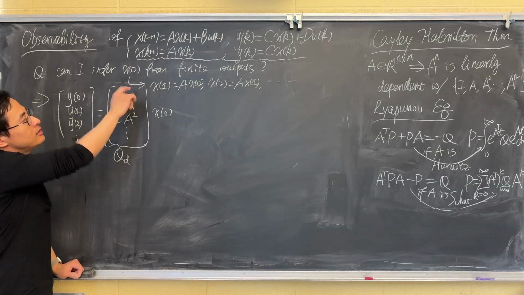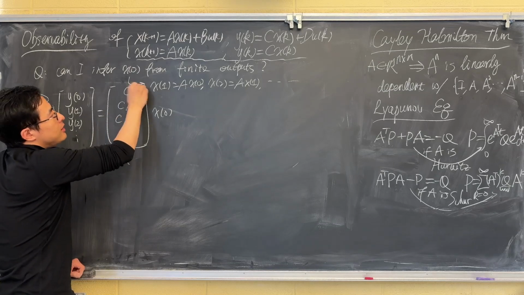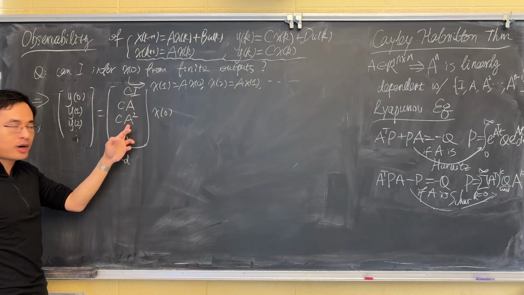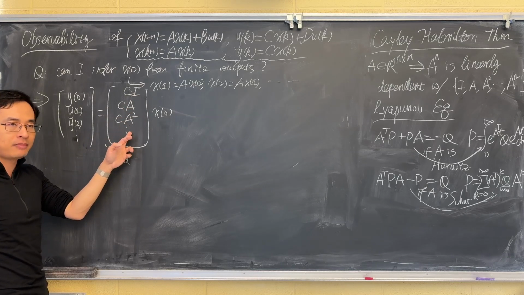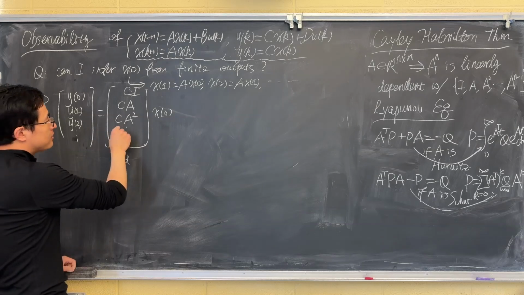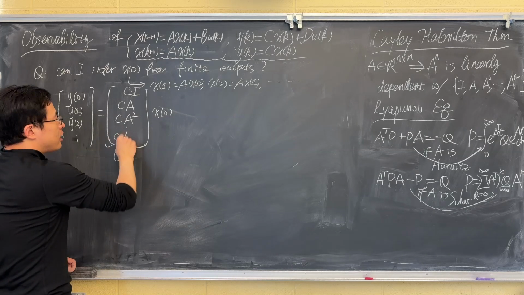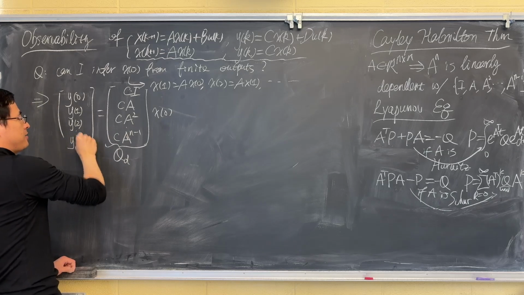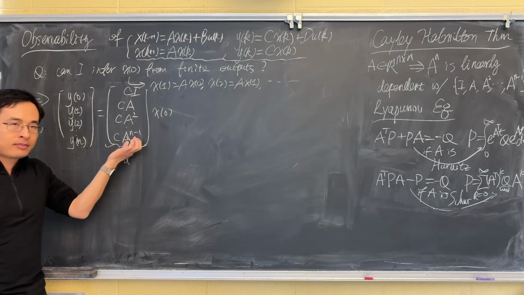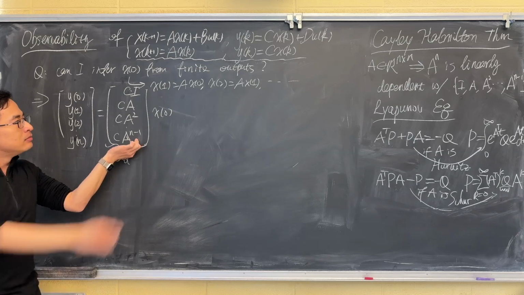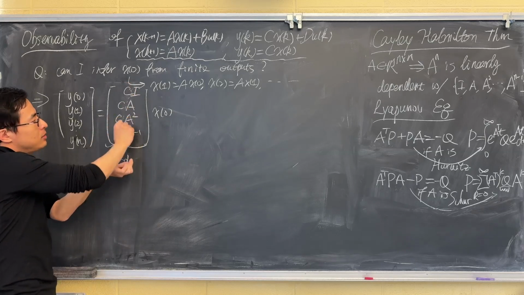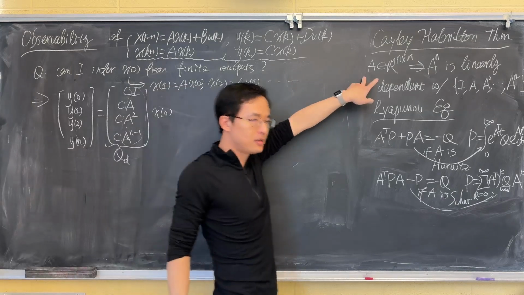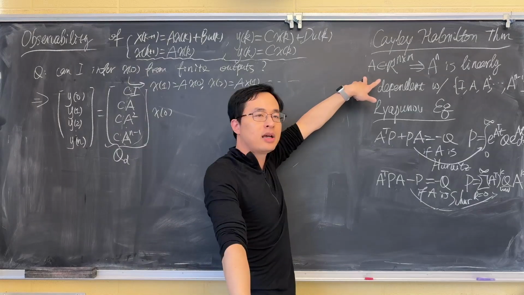You can write C as C times identity, then C times A squared, C times A to the power of 3. In the end, you're going to have C through CA^(N-1), and then here y_N. This structure is very much related to the controllability case.